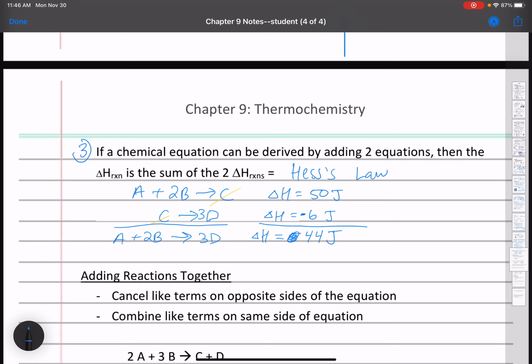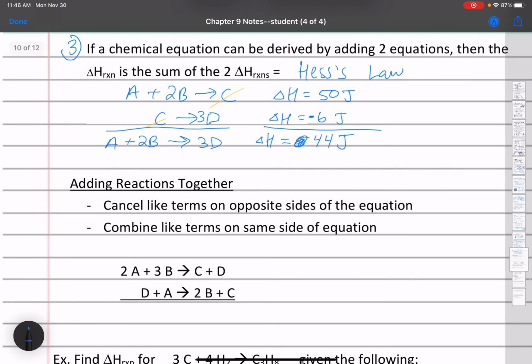So just a little side thing here to talk about adding reactions together. You can add chemical equations together just like you can add math equations together. So when we're doing that, what we're doing is we are canceling like terms that are on opposite sides, and we're combining like terms that are on the same side of the equation.